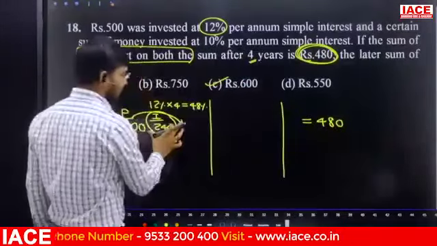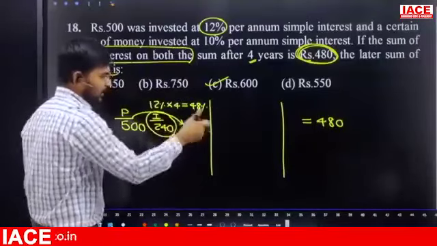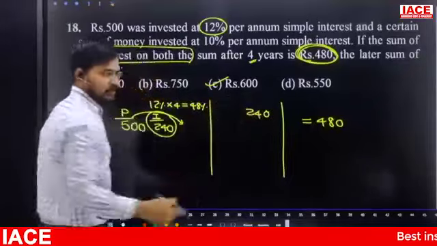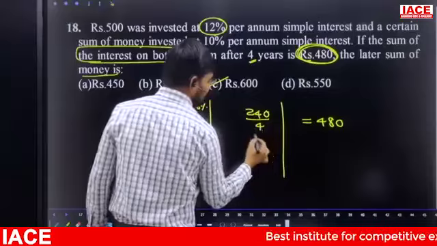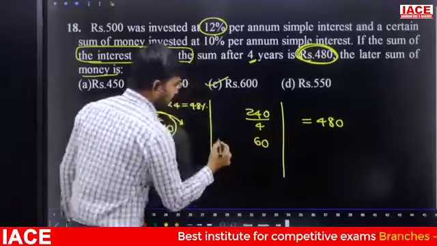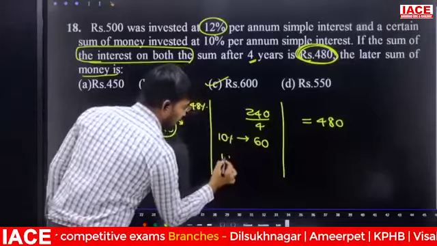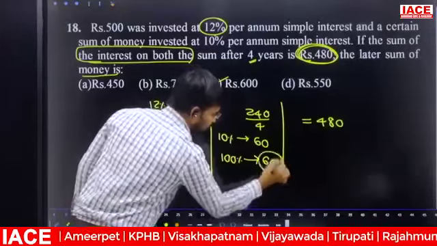So first case interest plus second case interest together is 480. First case interest is 240, then definitely second case interest is also 240. 240, 240, 480. Yes or no? This 240 interest is for 4 years. Therefore 1 year interest is 60. So rate of interest is 10%. 10% is 60, then 100% is 600. So your answer is 600.